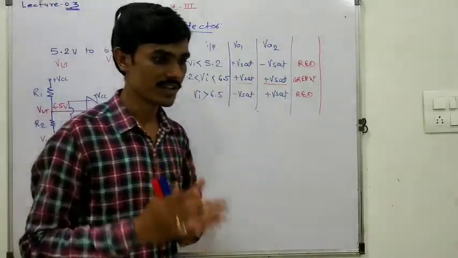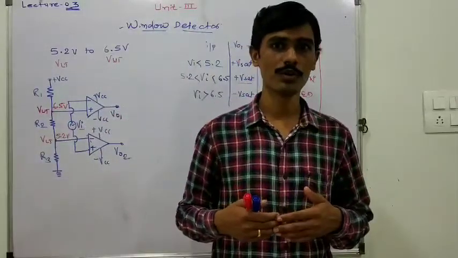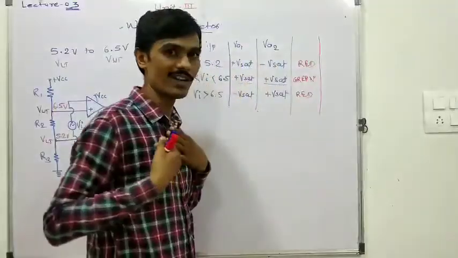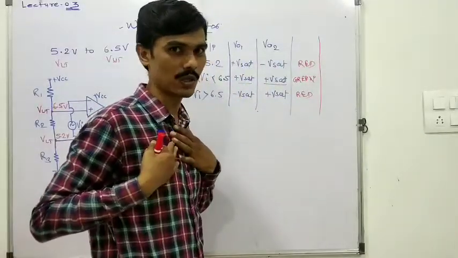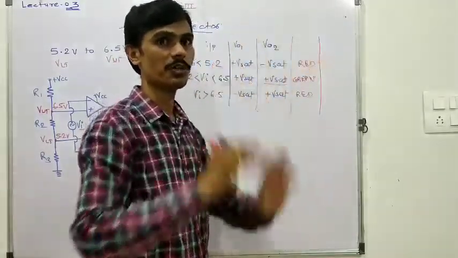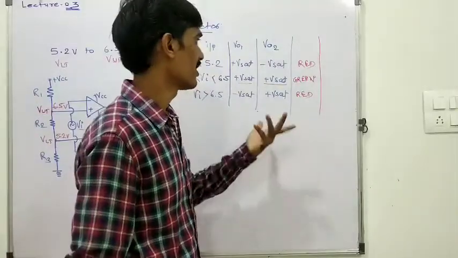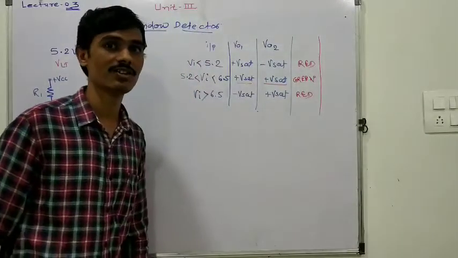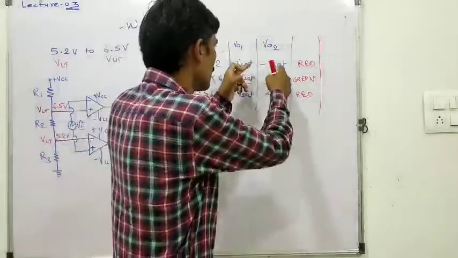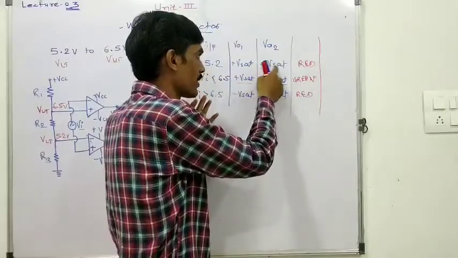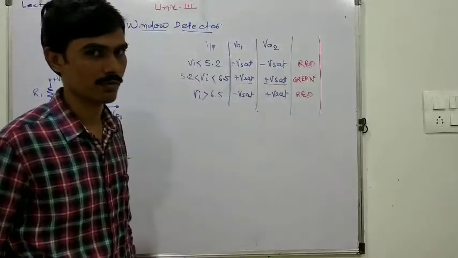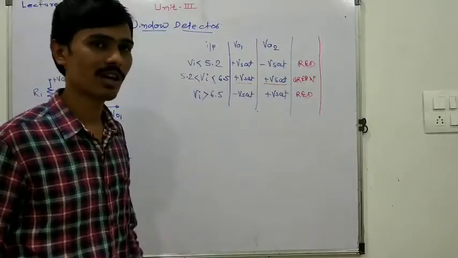So we have to select such a circuit or logic so that if both conditions are true, we must get output equal to 1 or high. For that we have one logic gate, that is nothing but the AND gate. Otherwise red LED, which means out of these two, if any one is minus Vsat, the output must be 0. Is it right? So that is ultimately the logic.